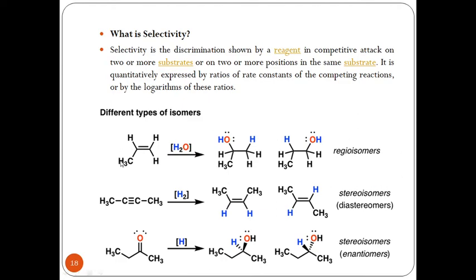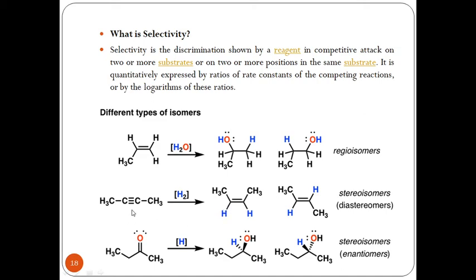In this way I will be able to synthesize two regioisomers. Here there is a selective discrimination of water attack. There is a lot of steric hindrance at the second carbon atom, and very little steric hindrance at the first carbon atom. Hence I will get two regioisomers.